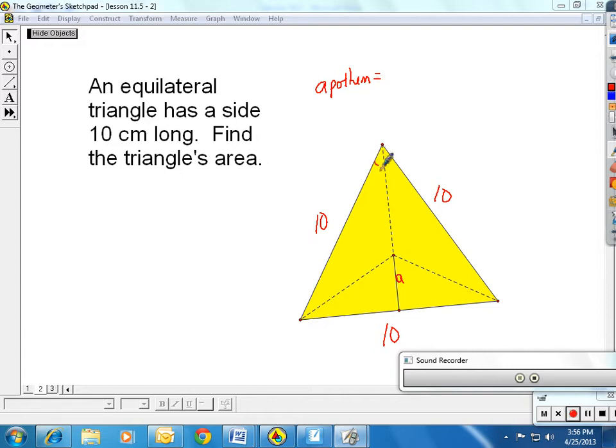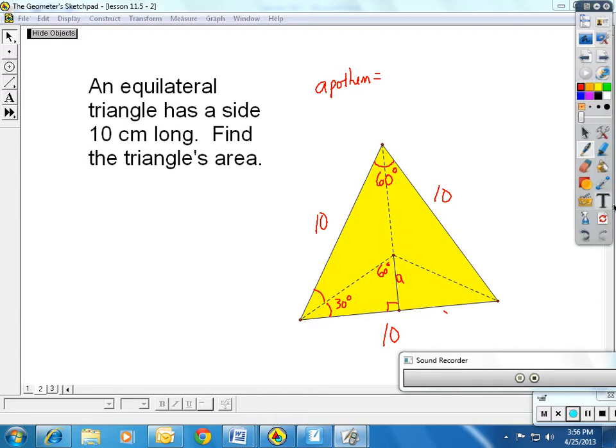Remember that an equilateral triangle has interior angle measures of 60 degrees. In fact, all of the regular polygons have fixed angle measures. So remember, the radius bisects it, so this is 30 degrees. Remember that the apothem is perpendicular, so this is a 30, 60, 90. And now you see how to find the apothem. This is going to be 5.